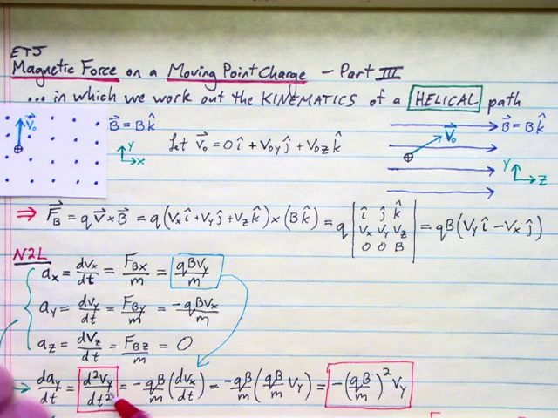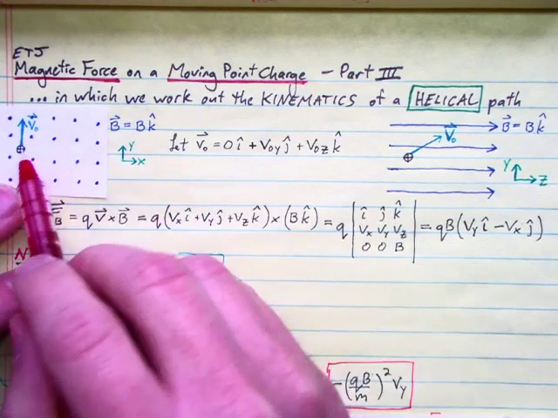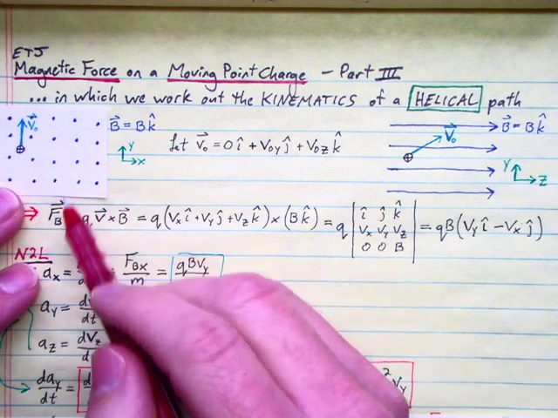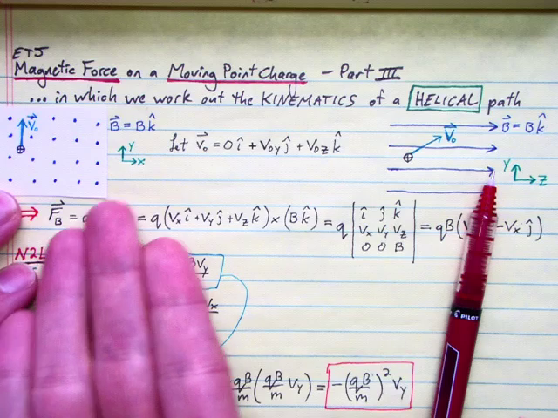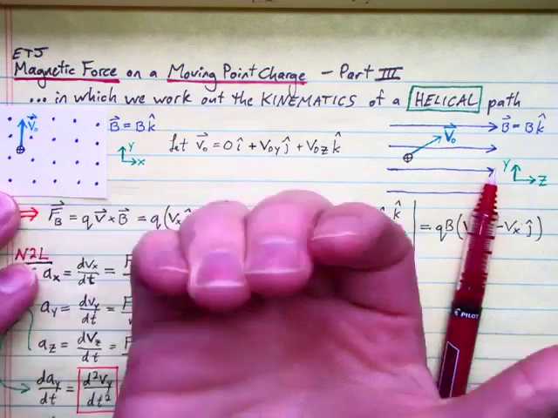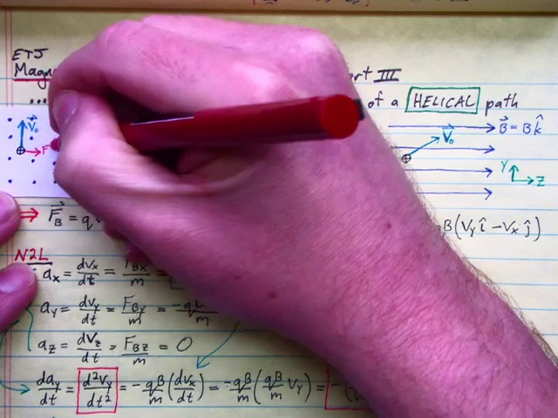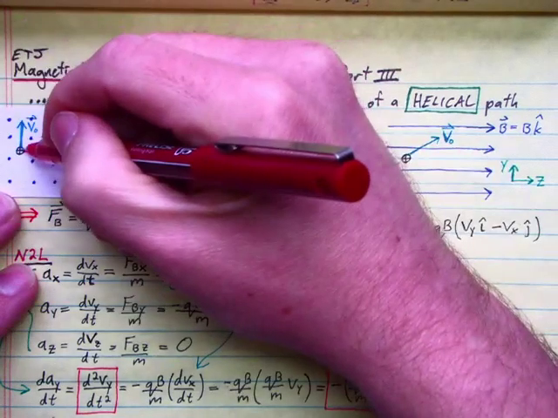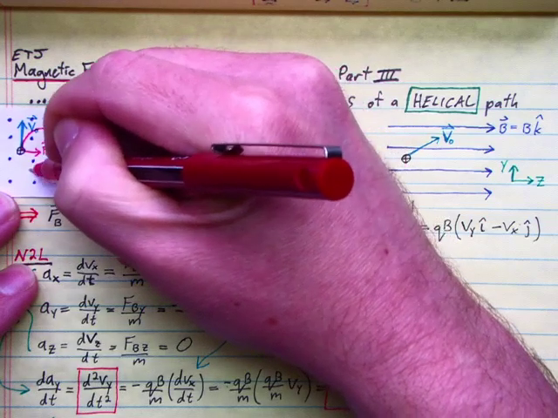To figure out which is which, let's go up to our diagram here and look at our initial conditions. Vy is initially positive, and we see that the force that we're feeling at this initial moment will be V cross B. So V is up, B is out of the page, so my thumb points to the right. Our initial force will be to the right, and we can tell that this particle is going to be undergoing circular motion along a path like that.